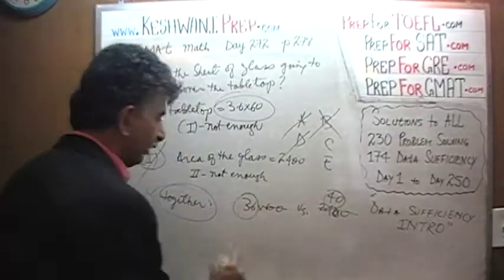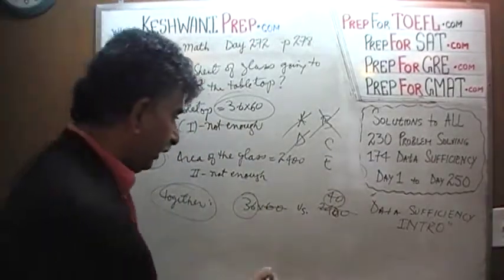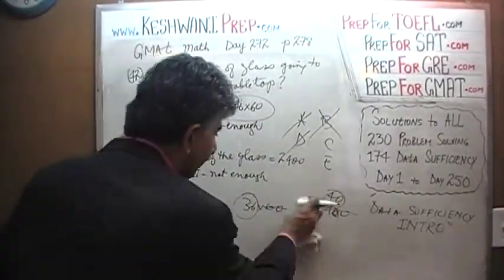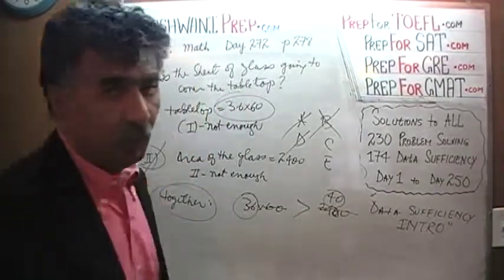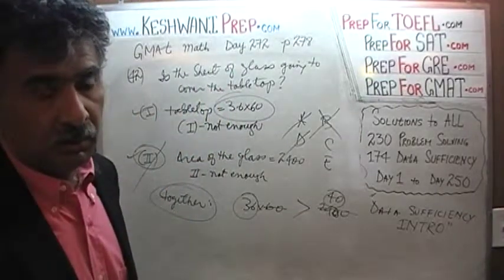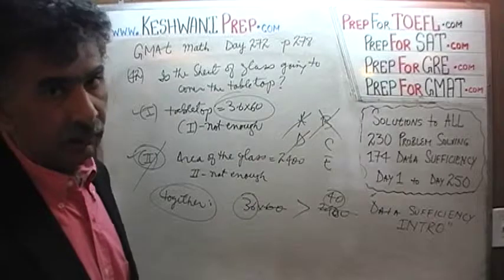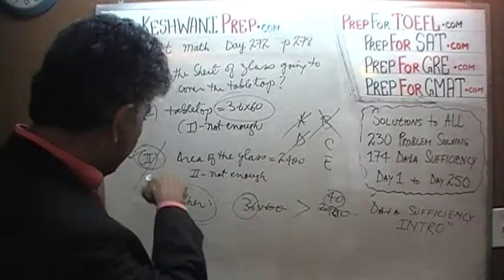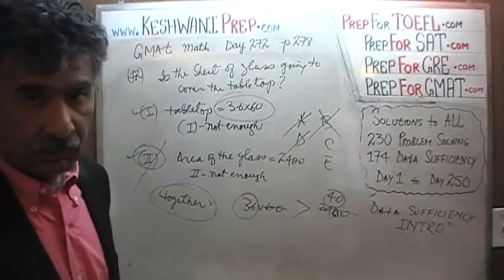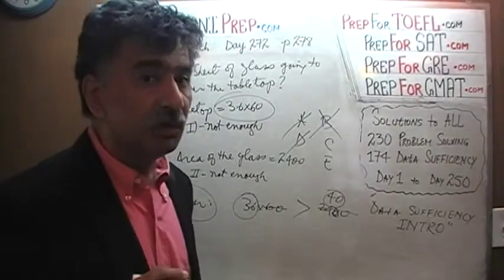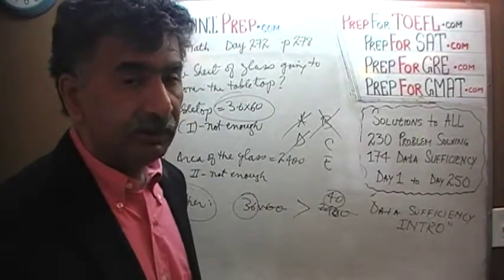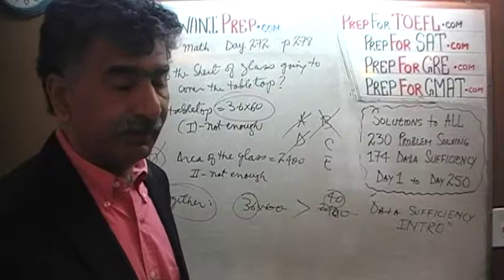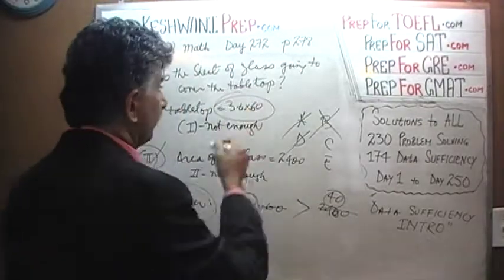We're comparing 40 versus 60, and you might be tempted to say that 2400 is more than enough to cover the tabletop, in which case you will say that putting them together is sufficient. Or if you think that you're being clever, you might say, well, is the tabletop going to cover the glass?